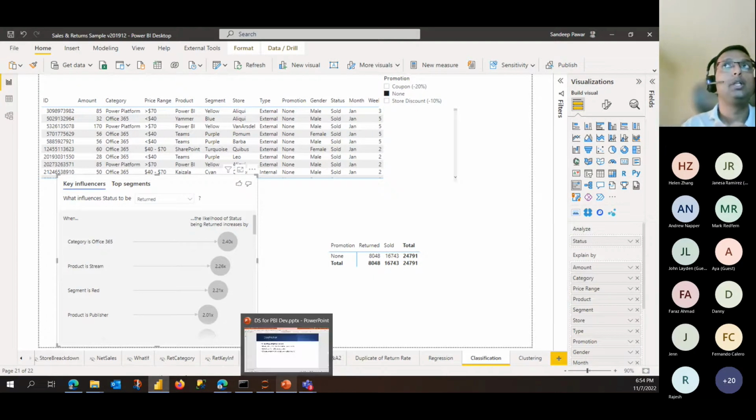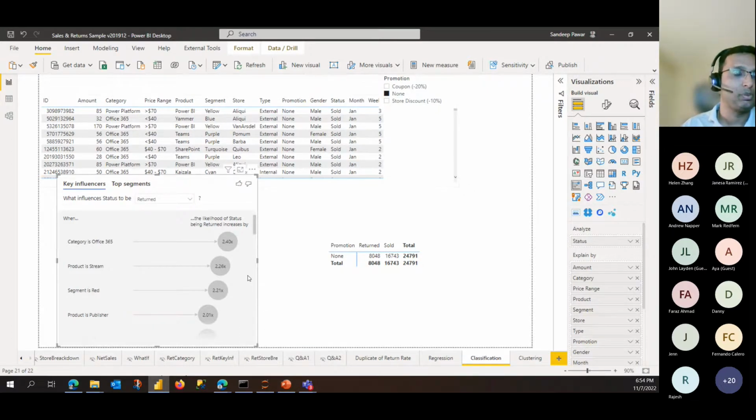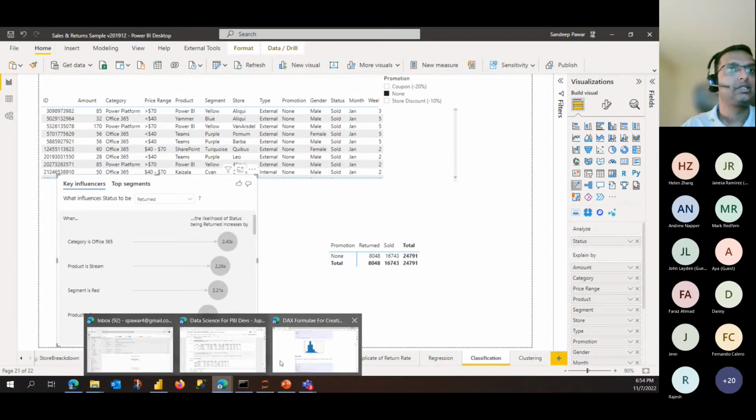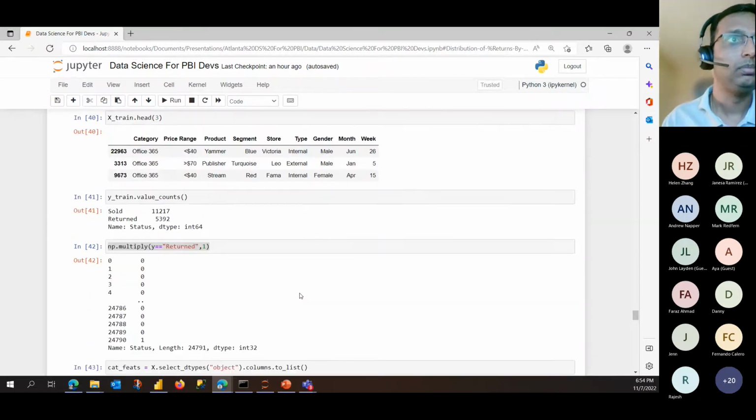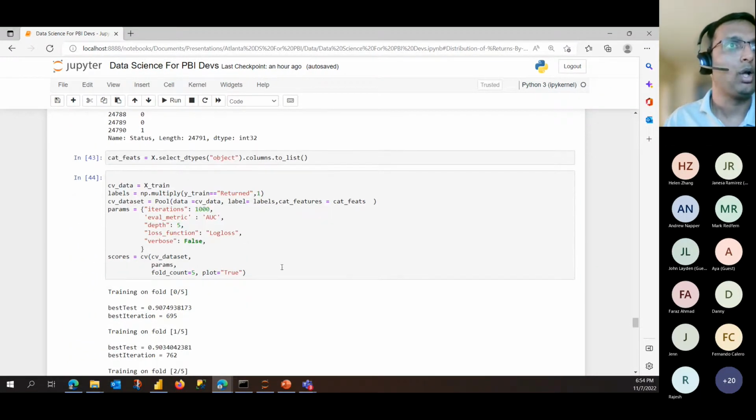It does not let you choose what kind of algorithm you can apply to this. And this is where your data scientist really can help you. What they can do is take this into Python or R or any tool that they have available, and then apply different algorithms on top of that.